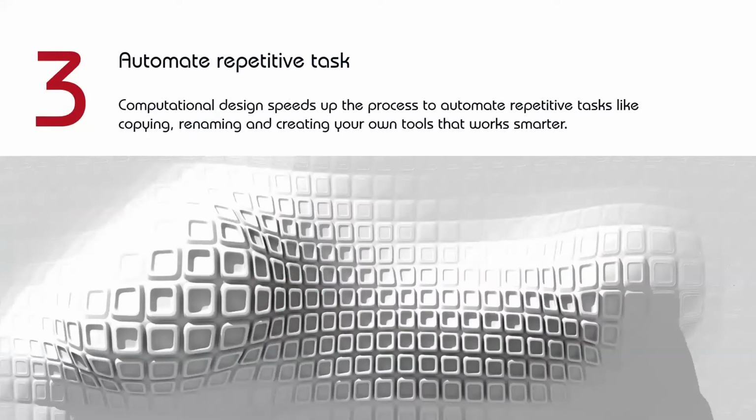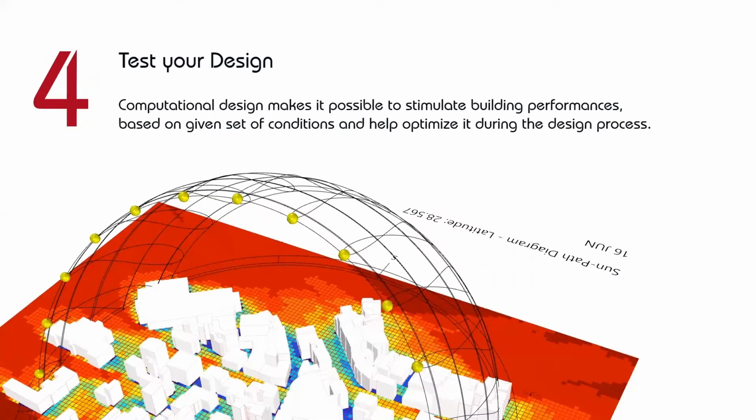It also speeds up the process to automate repetitive tasks like copying, renaming, creating our own tools that work smarter. It gives the possibility to simulate building performances based on a given set of conditions and helps me optimize the design process, and we can actually test our design before executing it to check how a specific typology of building is actually performing in those specific conditions.